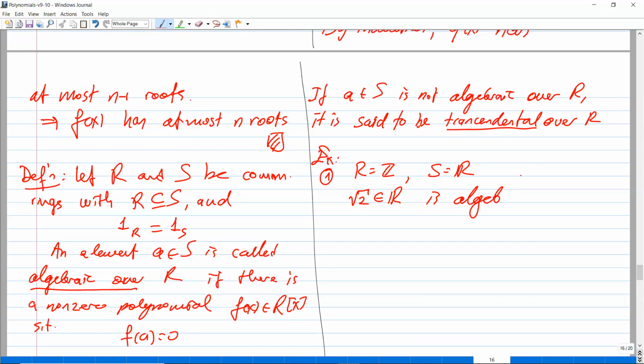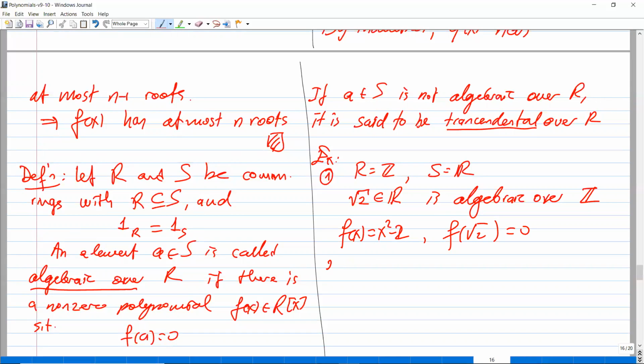Square root of 2 is algebraic over Z. The reason is that if you take f(x) equal to x squared minus 2, then all the coefficients of x squared minus 2 are integers, and f of square root of 2 is 0. So therefore, square root of 2 is algebraic over Z.